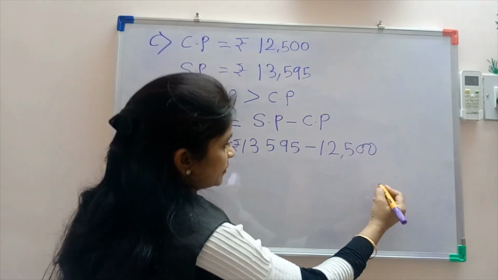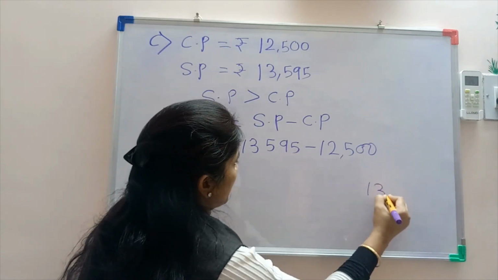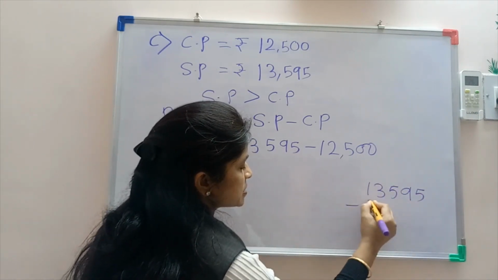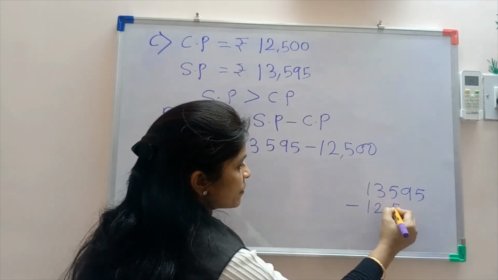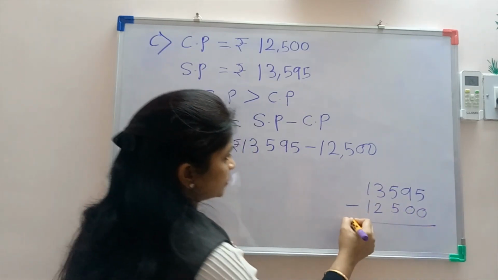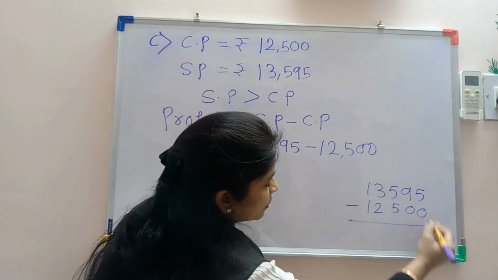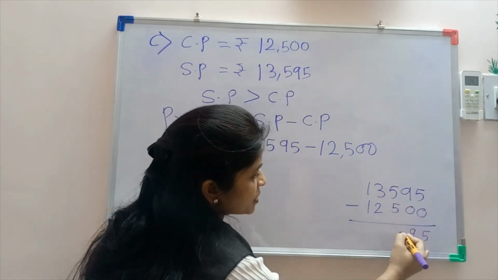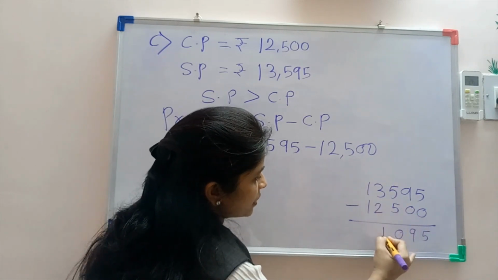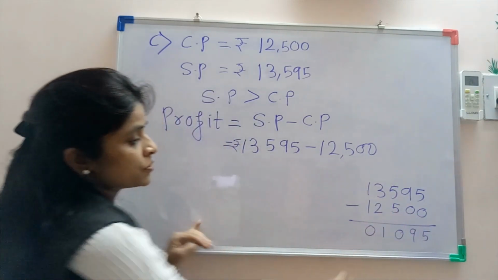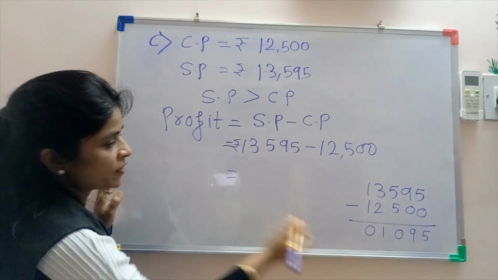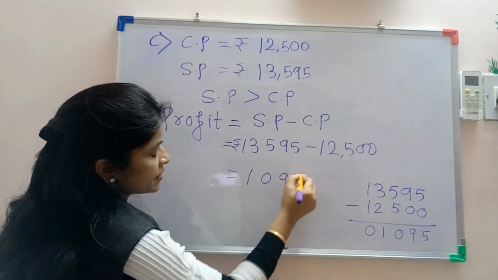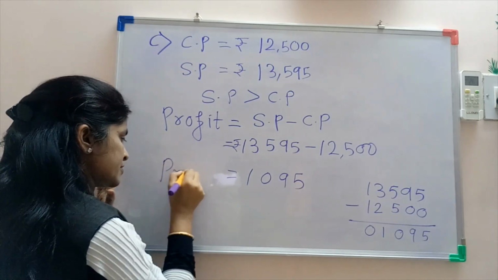Now let's start the solution for this. 13,595 minus 12,500. 5 minus 0, 5. 9 minus 0, 9. 5 minus 5, 0. 3 minus 2, 1. So here the profit is rupees 1,095. This is profit.